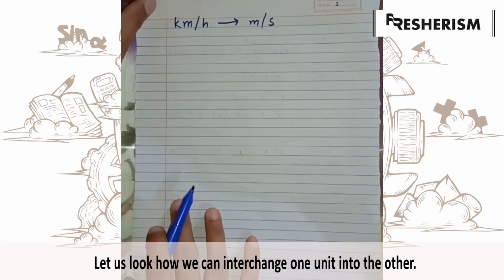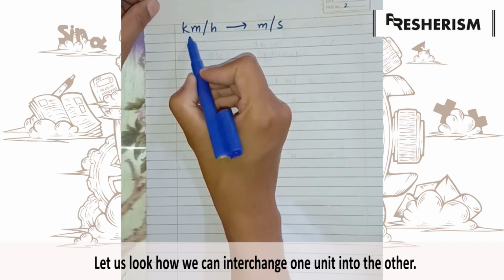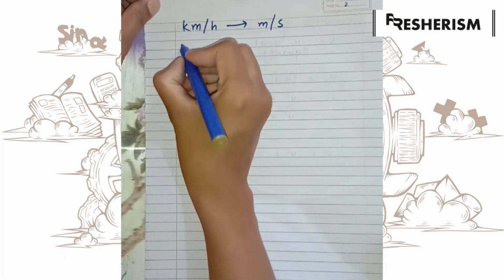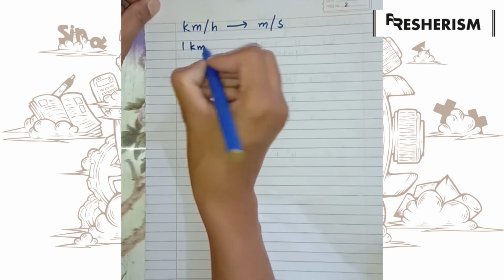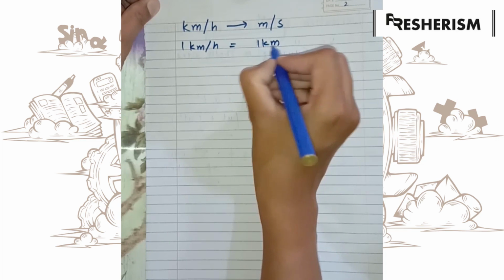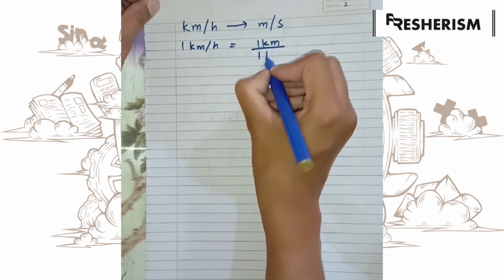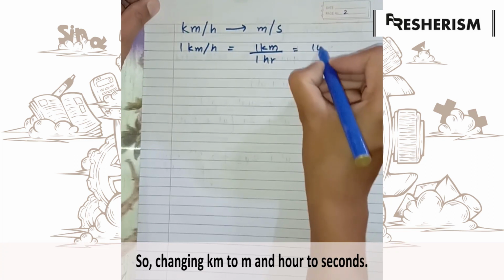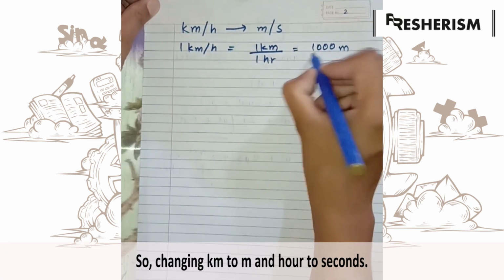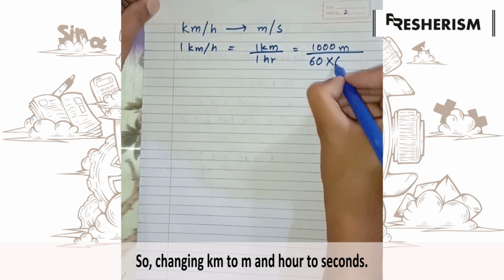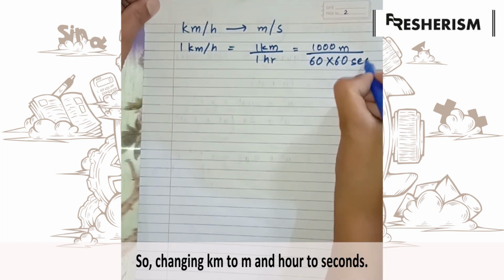So let us see how. Kilometer per hour into meter per second. So basically what is 1 kilometer per hour? It is equal to 1 kilometer divided by 1 hour. Now we know that 1 kilometer is equals to 1000 meter and 1 hour is equals to 60 minutes into 60 seconds.